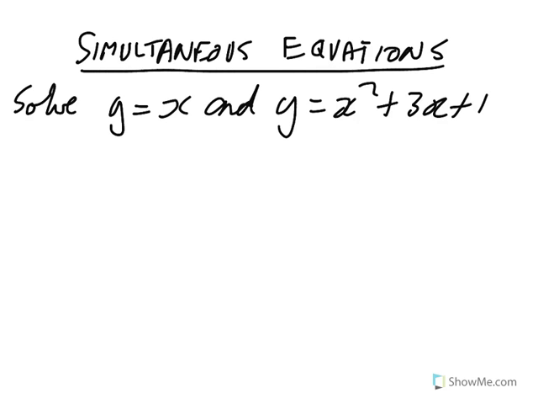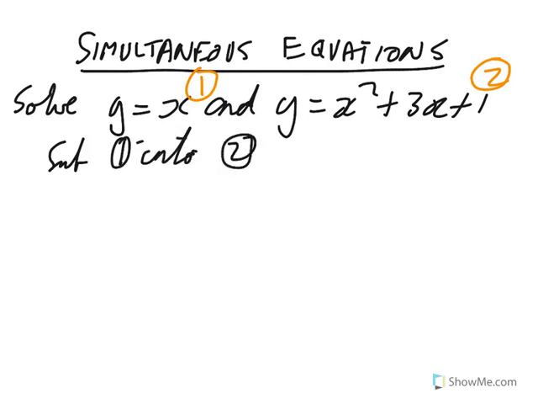So we've got y equals x and y equals x squared plus 3x plus 1. If we think of this one here as equation 1 and this one here as equation 2, and if we sub 1 into 2, then the y at the front here becomes x, seeing as y is equal to x.